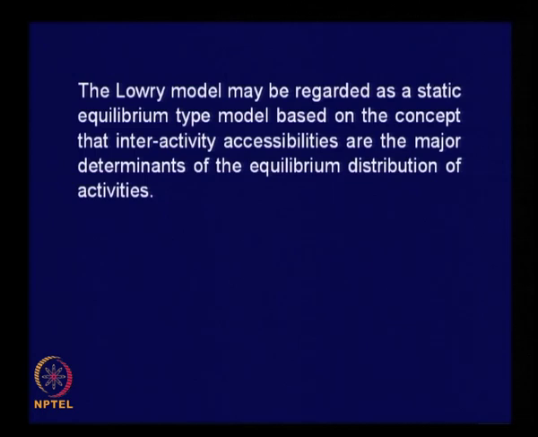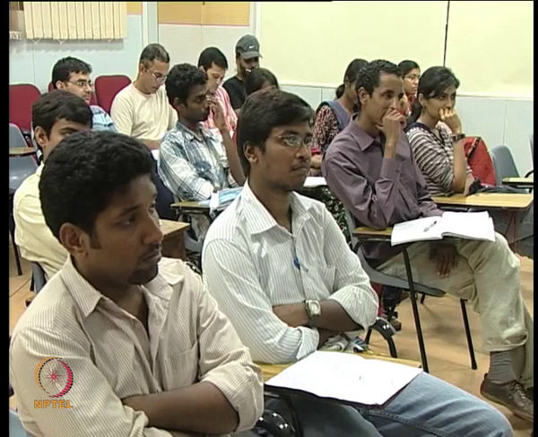What do you understand by interactivity accessibilities? You have activity centers, right? Accessibility between activity centers is what is stated here as interactivity accessibilities, right, spread over space in different zones.